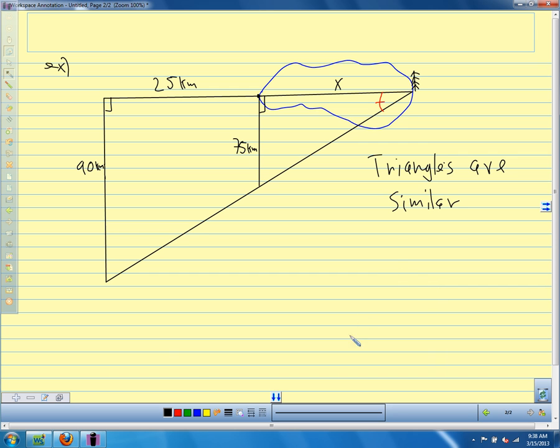So we can set up our ratios with our sides. So I'm going to start with the small triangle. I'm going to say x, which is what we're trying to figure out, over 75 equals, so we have this side of the small triangle and this side of the small triangle. What are we going to match up with x?